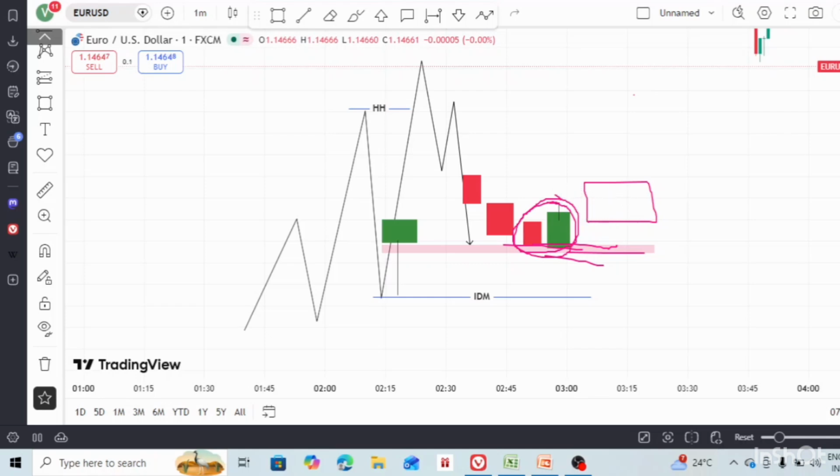But then what the market will do is it will always go down, most of the time.